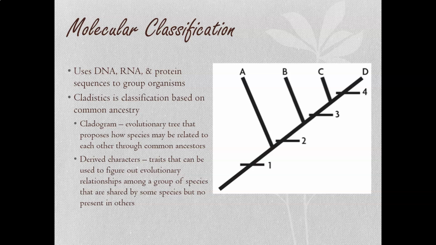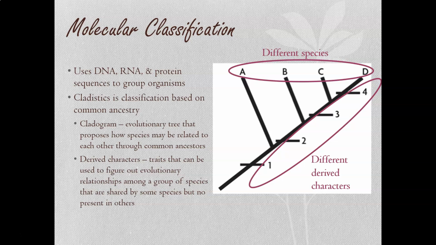So when we look at these cladograms, right, these are the different species at the top that we are trying to study. So in this case, we're just going to call them organism A, B, C, and D. Along the sides there are the different derived characters that I'm using as a way to classify those species, to put them in this particular order.